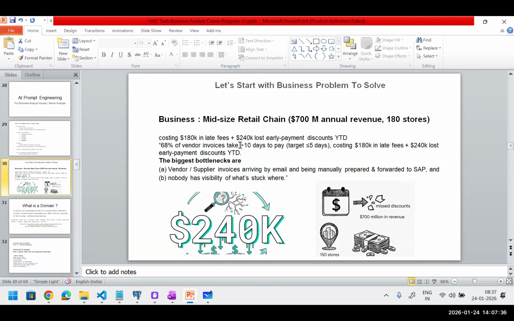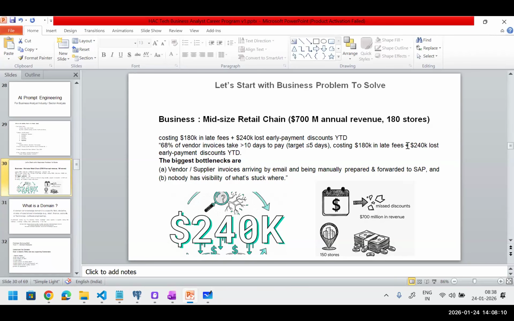If the vendor gets paid before the terms and conditions deadline, they will give a discount. That is also being missed. If they pay late, maybe 90 days or more, the vendors will penalize them and collect more money. This 700 million firm has many stores, but vendor payments are very important.